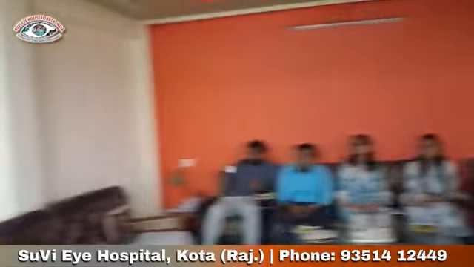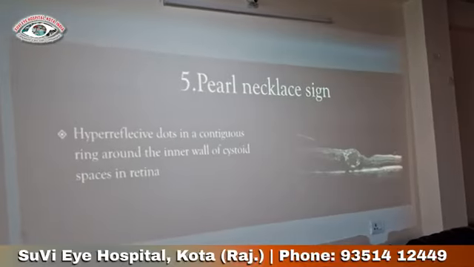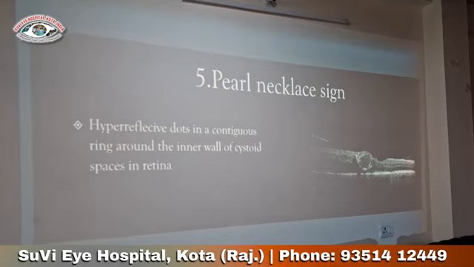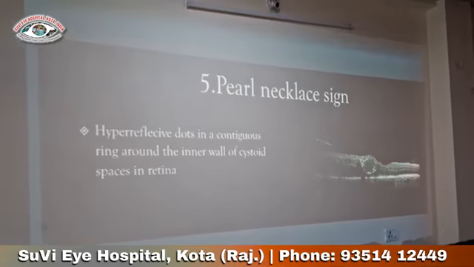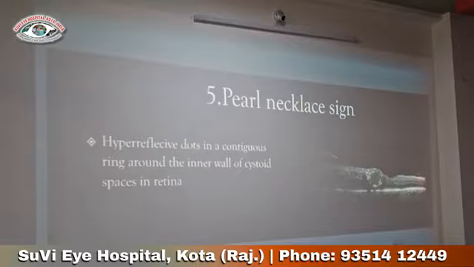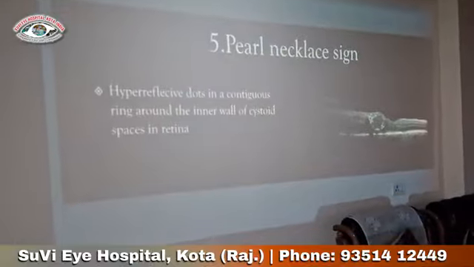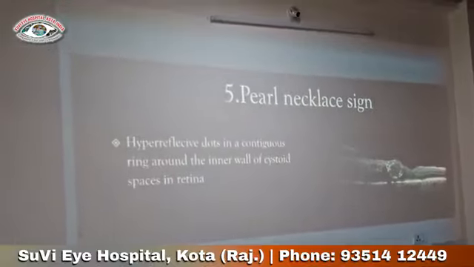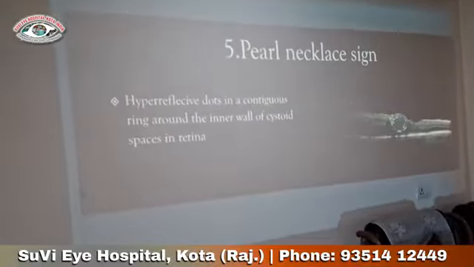And now this is very important: the pearl necklace sign. What is this pearl necklace sign and what does it indicate? Anyone? You can see those hyperreflective foci surrounding the inner border of the cyst. What are these hyperreflective foci? Again, they are a precursor of hard exudate, so it is an inflammatory biomarker.